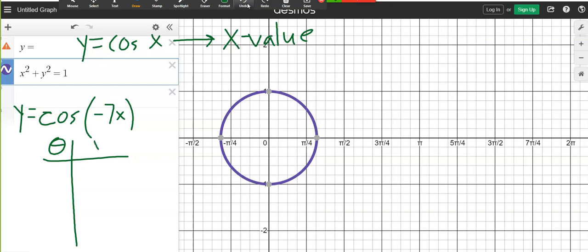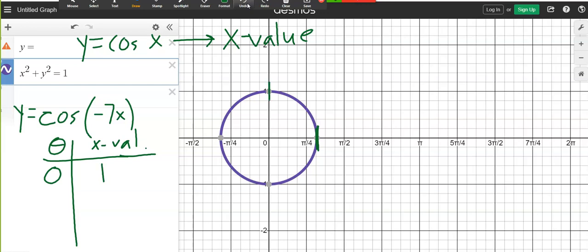Then x value. All right, so what is the x value at 0 radians? Nope, that's the y value. I need the x value. Think to your unit circle. 1. It is 1, thank you very much.